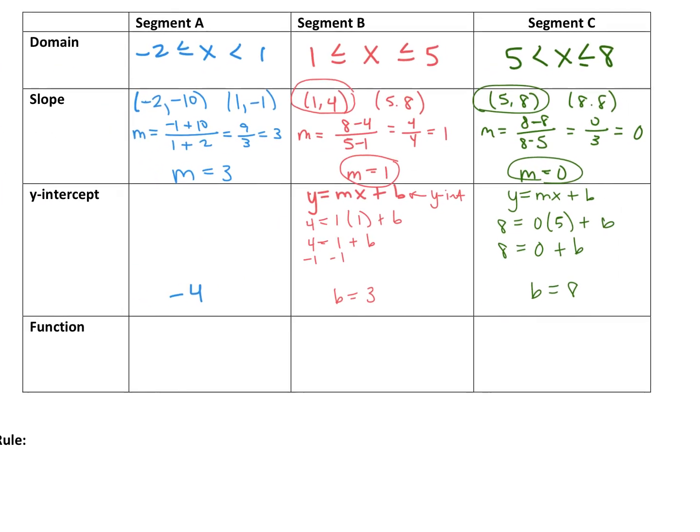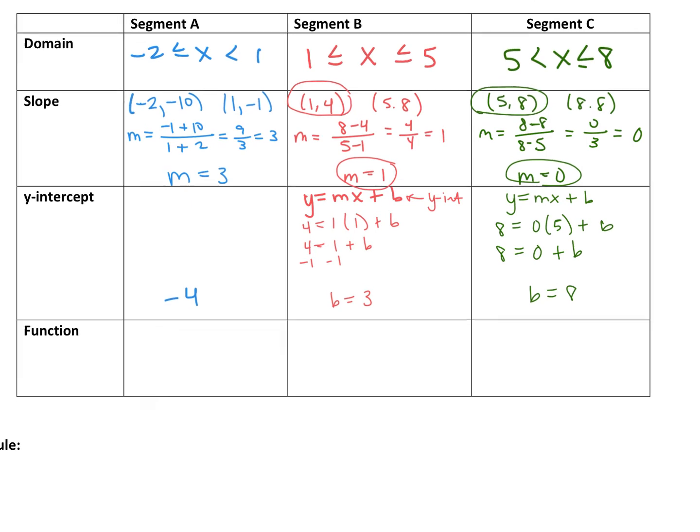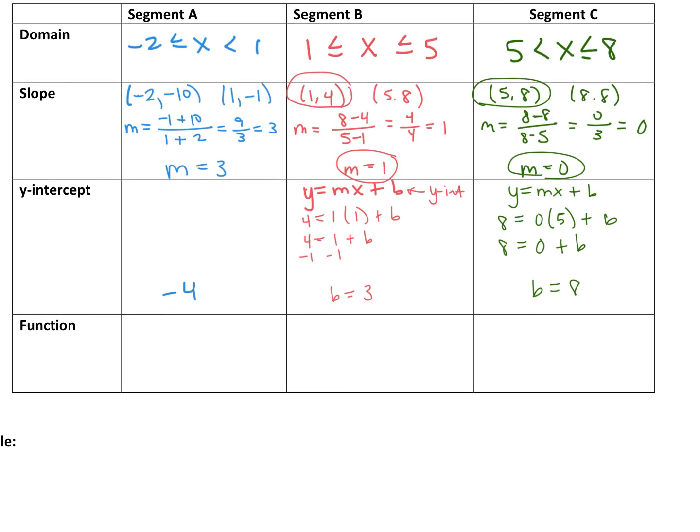Okay. Now that you have a slope and a y-intercept for each segment, the function is pretty easy to write. Y equals, our slope is positive 3, so 3x. Our y-intercept is negative 4, so minus 4. All right, our function for segment B, y equals, our slope is 1, so 1x is just x.